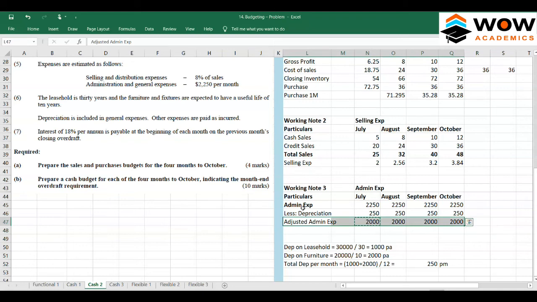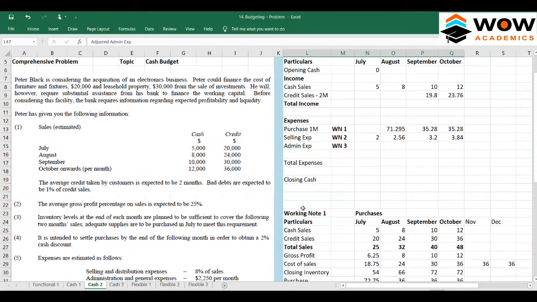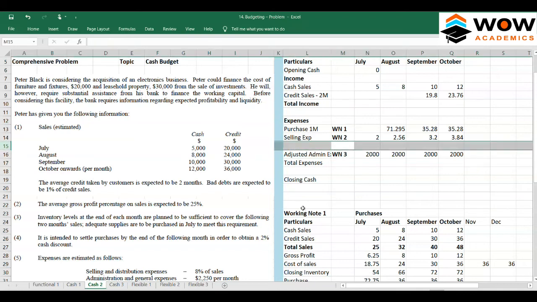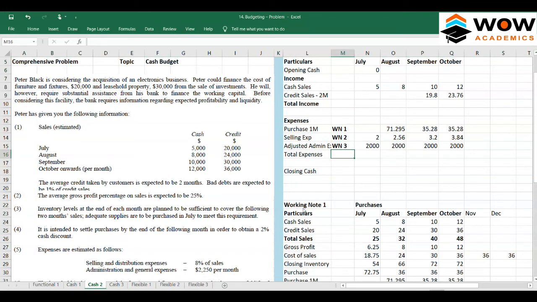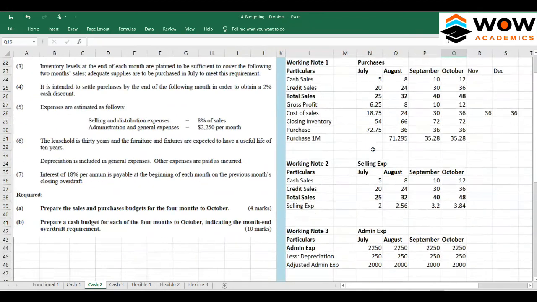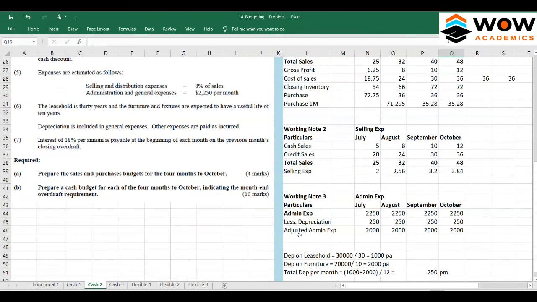So we can copy this and paste it here. So that's done. We can't put it as 2000, I think we'll put it as 2. If you want, we'll adjust it in terms of 1000. It will be 2. Okay.